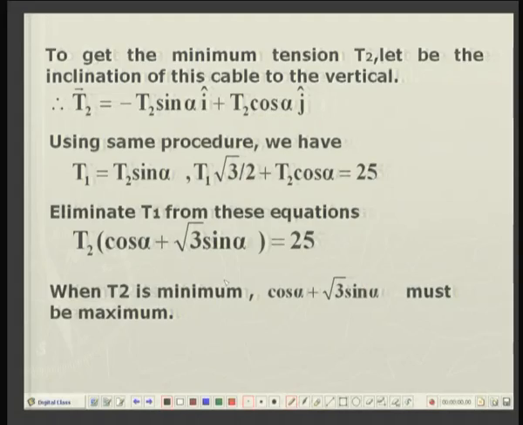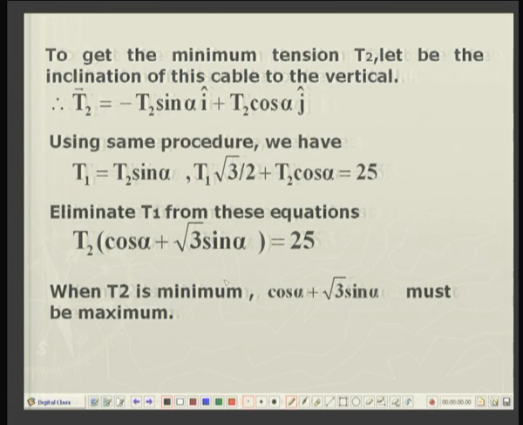But to find the minimum tension T2, the procedure is slightly more involved. Suppose when the cable T2 is inclined at angle alpha to the vertical, then the minimum is obtained.